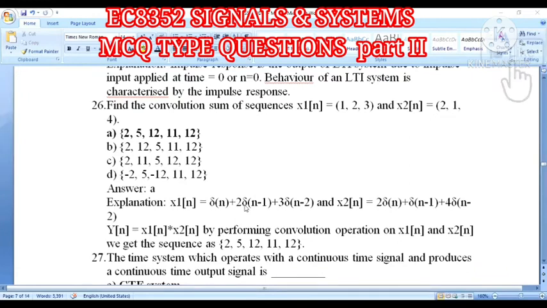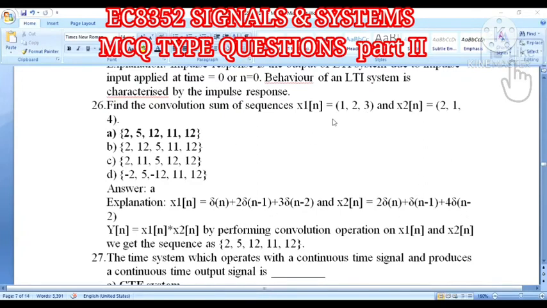x1 of n is delta of n plus 2 times delta of n minus 1 plus 3 times delta of n minus 2, so I will write it like this. Next, x2 of n is 2 times delta of n, 1 times delta of n minus 1 and 4 times delta of n minus 2.